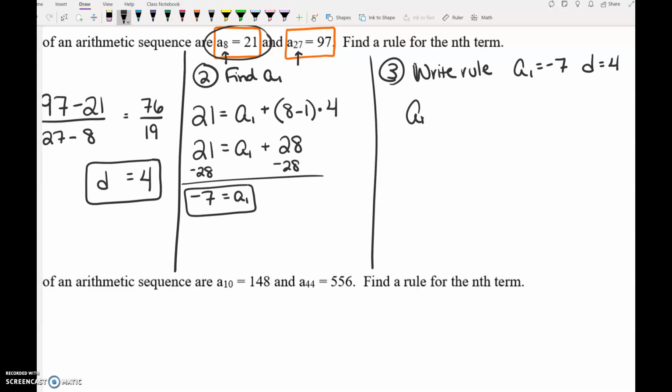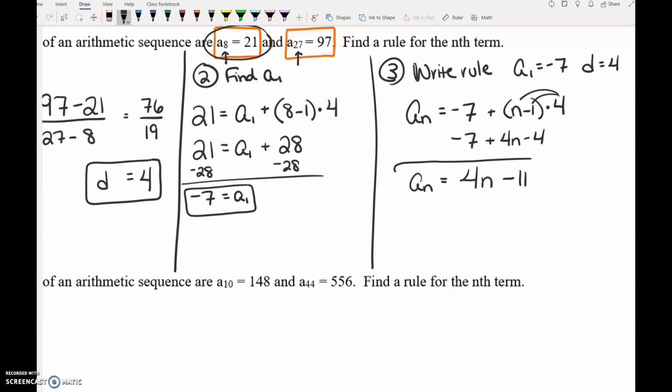So our nth term is our first term plus n minus 1 times our common difference. Distribute, and our final answer, our nth term is 4n minus 11.